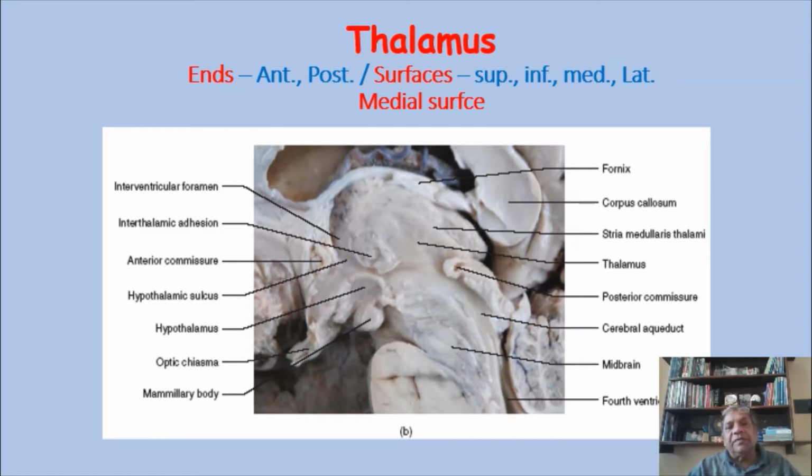It hangs over the superior colliculi, part of the midbrain. This part of the posterior end, which projects and overhangs the posterior surface of the midbrain or superior colliculi, is called the pulvinar.